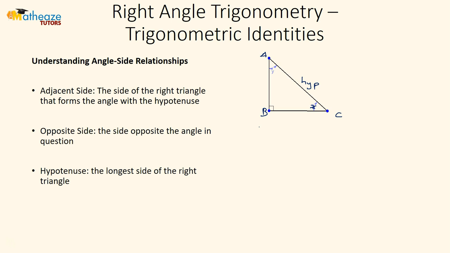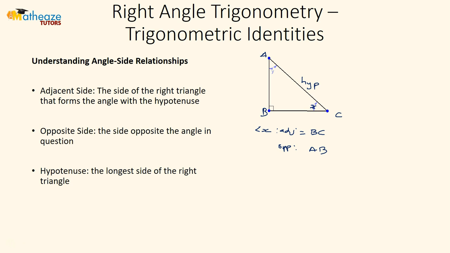So let's look at this. Let's call this angle x. Adjacent is going to be BC. And then the opposite here would be the side that is not involved in forming that angle. So we can see here that the opposite in this case is going to be AB.